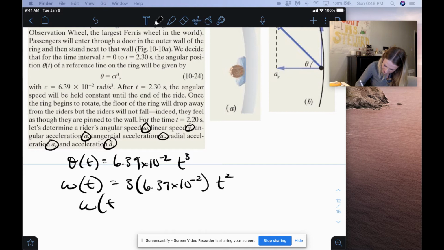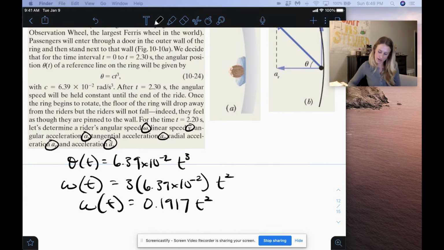Using the calculator, 3 times 6.39 times 10 to the negative 2 is just 0.1917 t squared. And then, of course, we're evaluating this at time t equals 2.2 seconds.